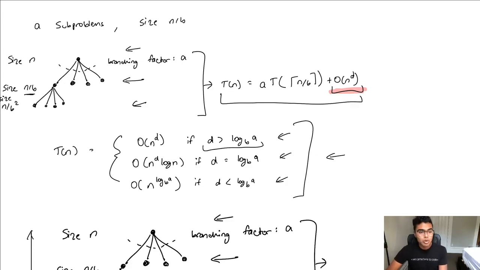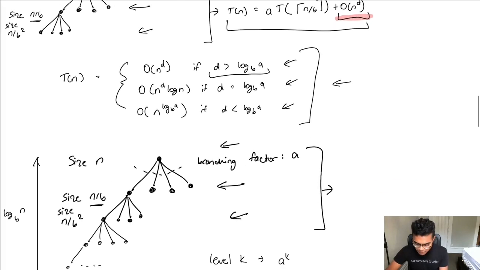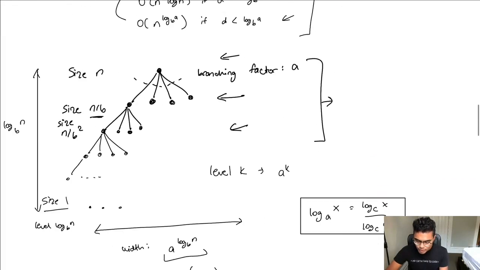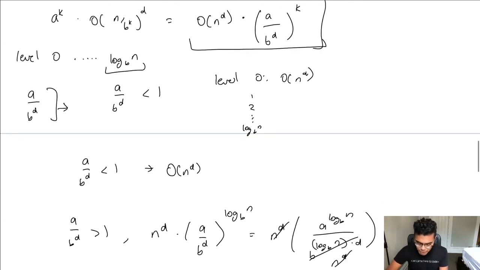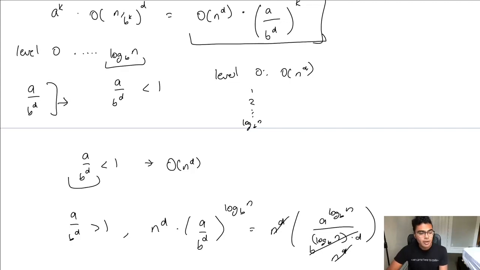But that is the proof of master theorem in a nutshell, by taking our branching factor, expanding it out, and going through the three cases of comparing the work done at every level based on the ratio of a over b to the d. So again, if it's less than 1, you're doing O of n to the d work, you're taking the first term.